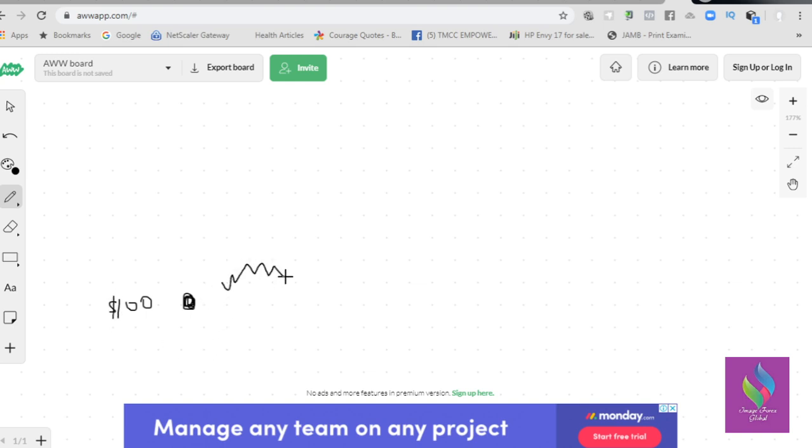Price reaches $150, or let's say $200, and suddenly, right here, price begins to drop down. 100, 70, 60, 50, okay?